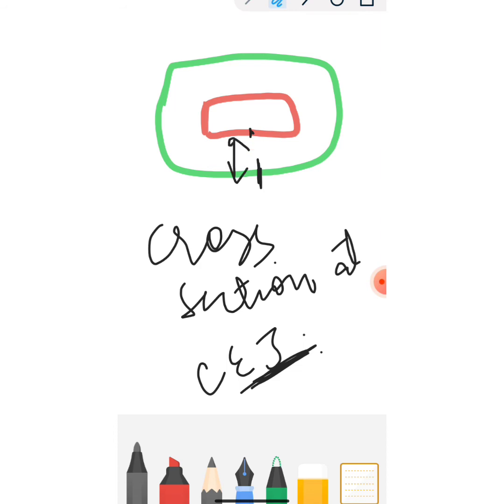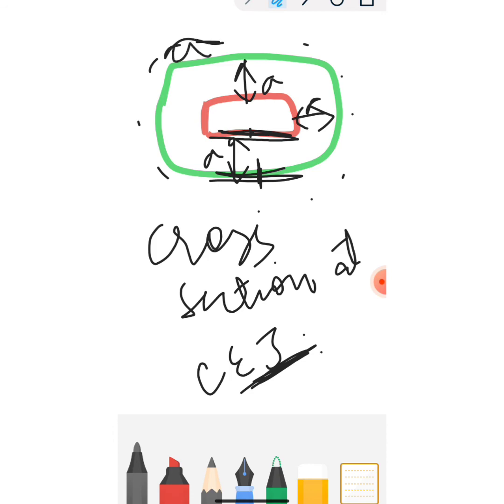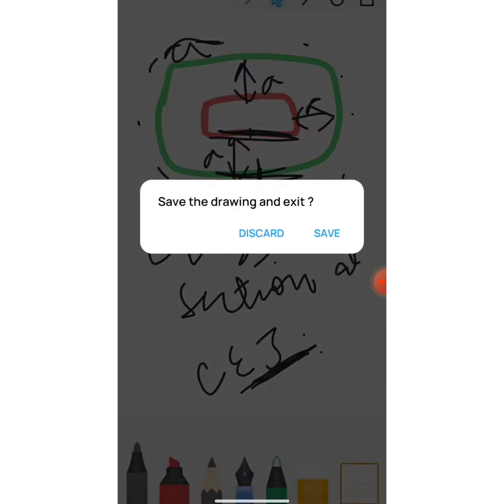If here the distance is A, here also the distance will be A. Here also the distance will be A. So this is the law of CEJ, that the distance from the walls of the pulp chamber to the external surface of the tooth is same throughout the circumference of the tooth. Everywhere here the distance will be only A. And this is the law of CEJ.